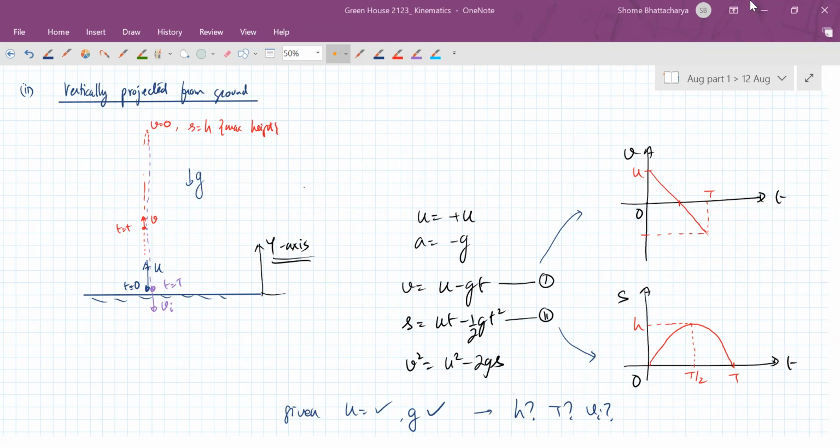So yes, you wrote the given u and g, right? If u and g are given, we could find H, T and v impact. Given numerical values of u and g, suppose we tell you that you're throwing the object at 20 meters per second and take the value of g as 10 meters per second square. Then from that we can calculate in meters what is the height, in seconds what is the total time, and v impact also, right?